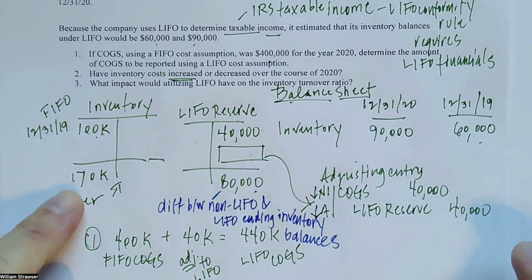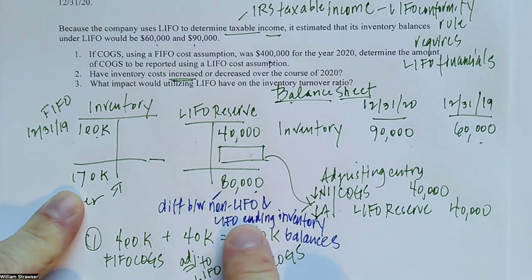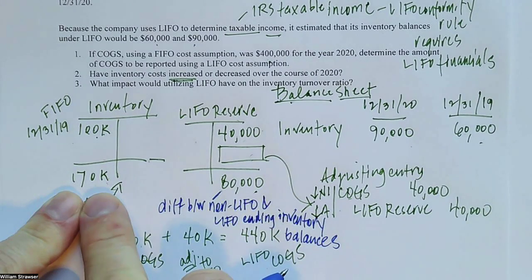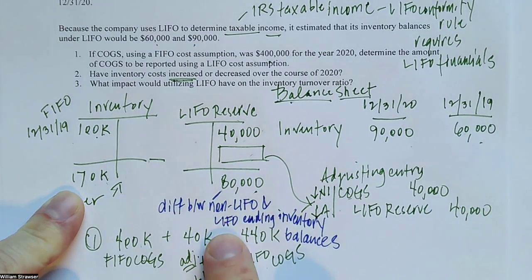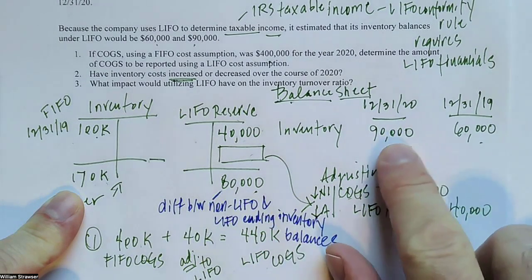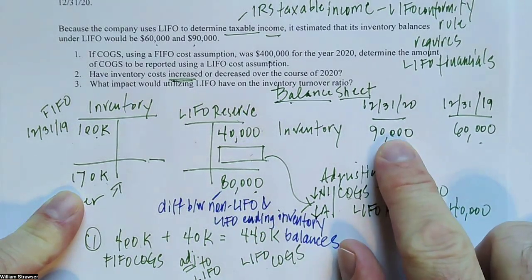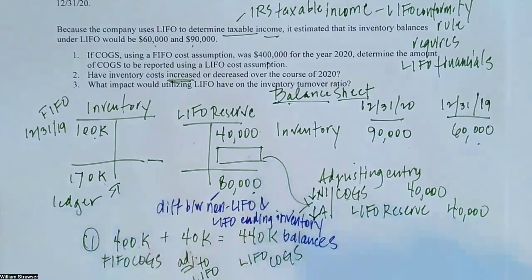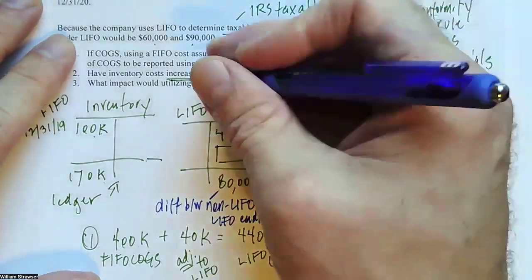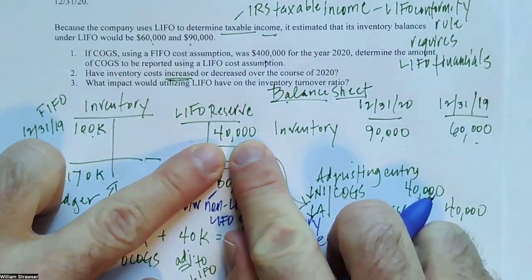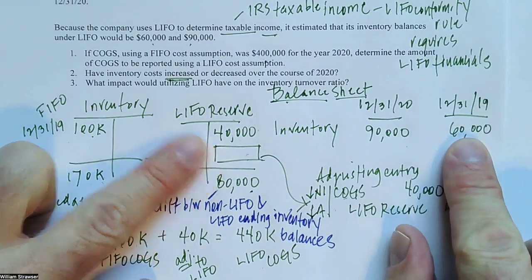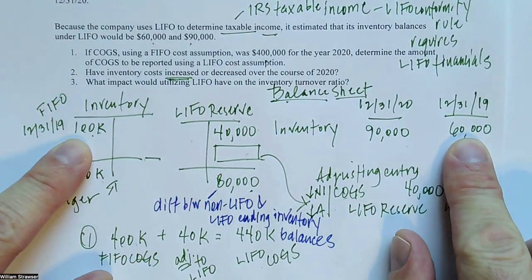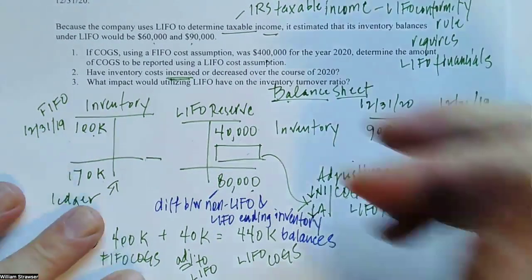Because this is the non-LIFO ending inventory balance. And the LIFO ending inventory balance would be what we're reporting on the balance sheet. And 80,000 is just the difference between them. And then, of course, similarly, this is the difference between the LIFO and non-LIFO beginning inventory balances.